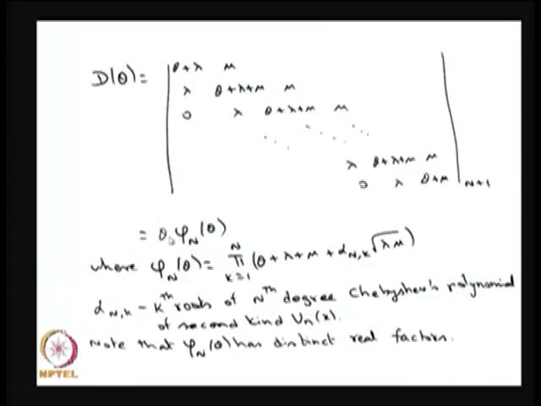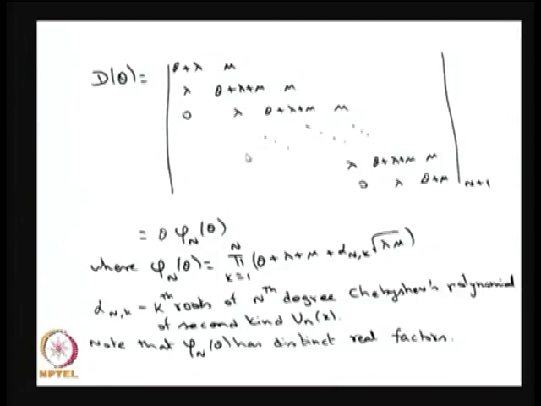This theta corresponds to the stationary or limiting probabilities. Therefore, you can always get the n plus 1 order matrix determinant as theta times a polynomial of degree n as a function of theta.